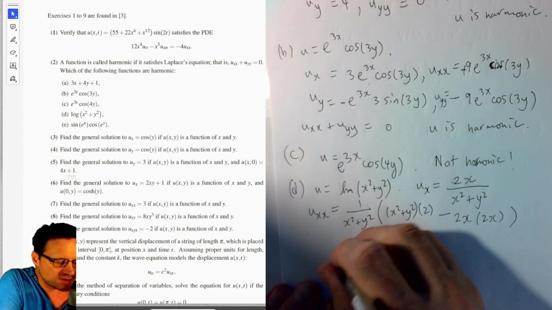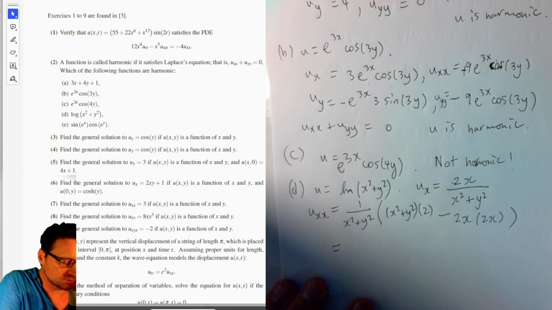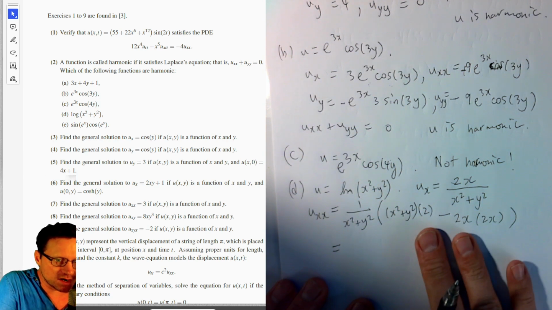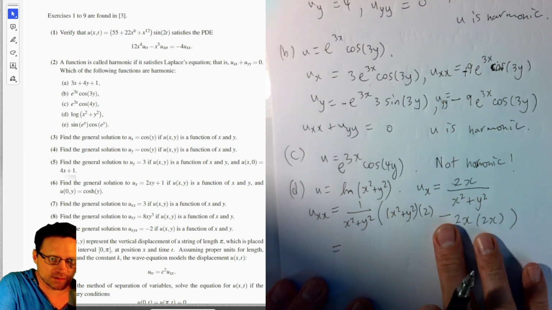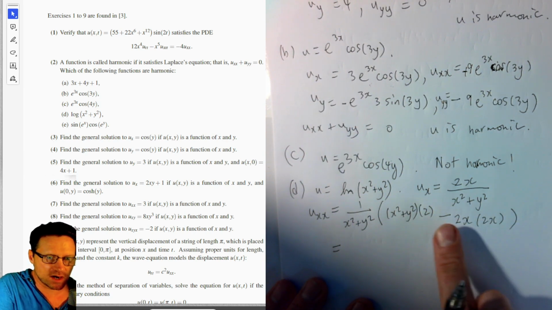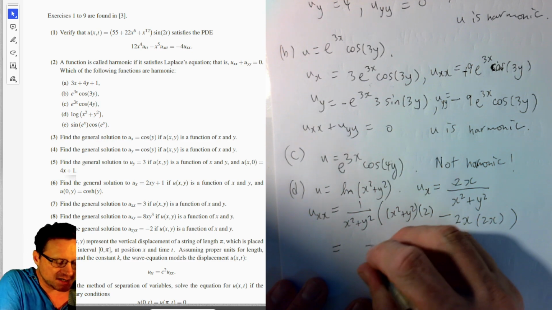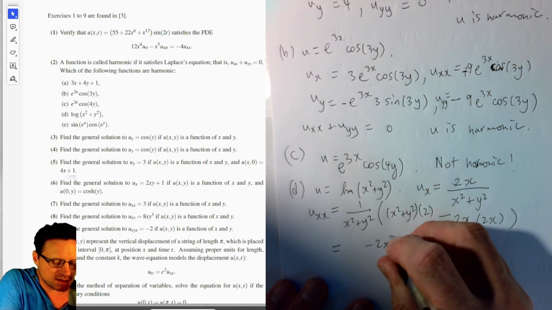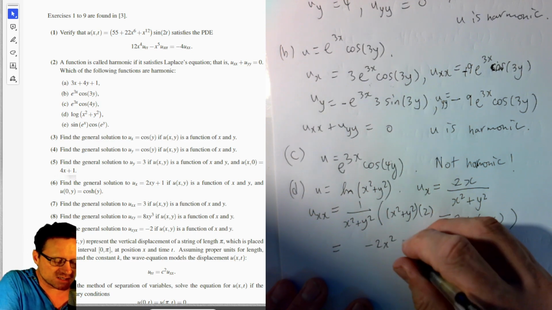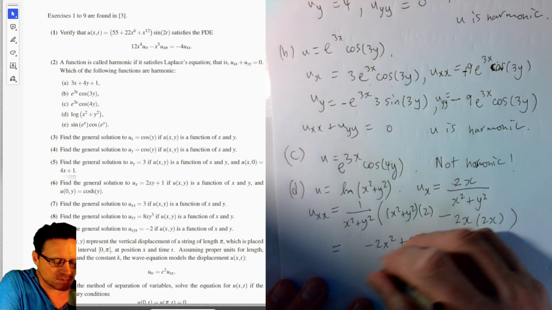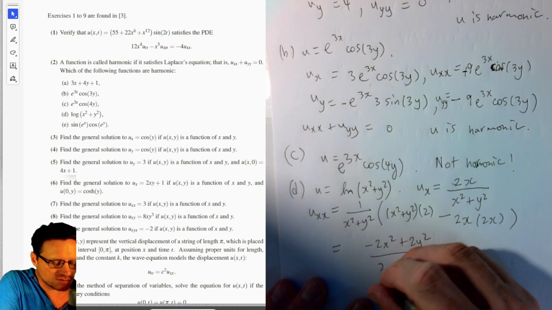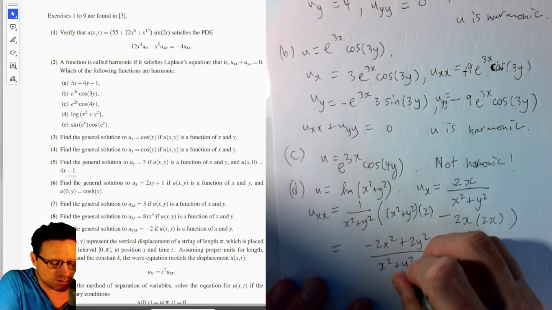Okay, so simplifying this, in the numerator, which is what we have in brackets here, we've got 2x squared minus 4x squared is minus 2x squared. And then we have 2y squared. And that's all over x squared plus y squared.